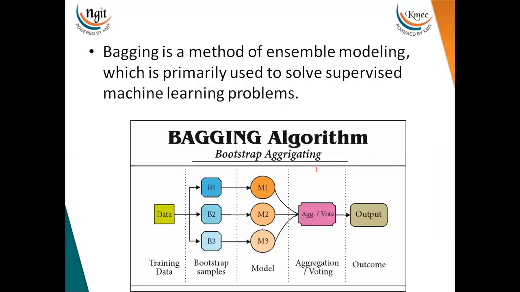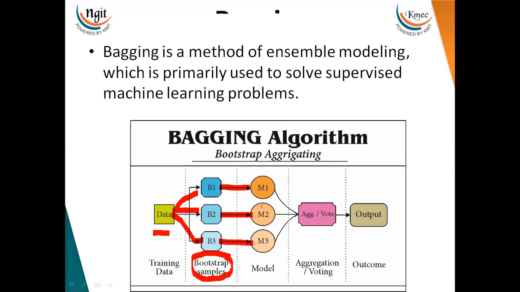Okay, now, as you can see in the diagram, in bagging, our data will be inputted. The data is divided into batches. So this division is known as step 1 of bagging, that is the bootstrap. Then each of these batches, that is the subsets of your data, is fed to the model.